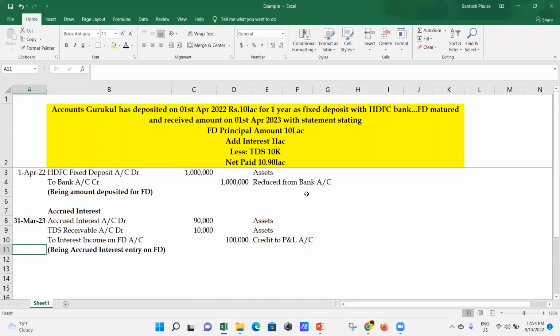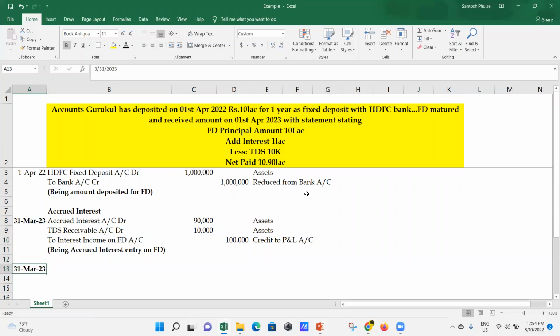Knowing that this interest is related to the financial year 2023, we have to take this entry based on the accrual concept. But now, as on 1st April 23, the amount of this FD we received in the bank, how are you going to do the entry for that?